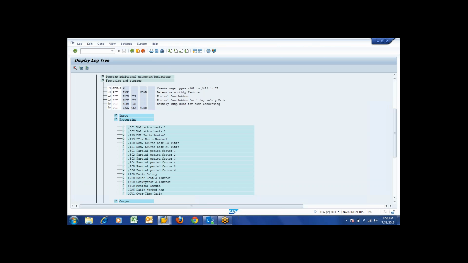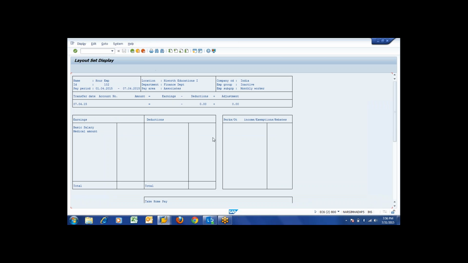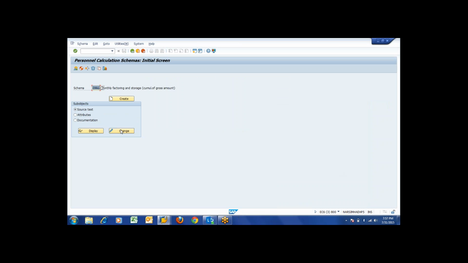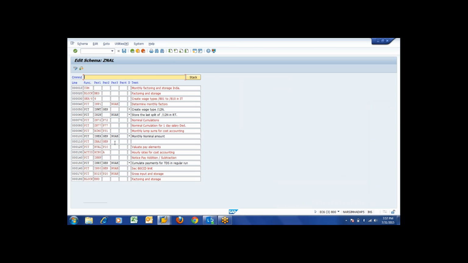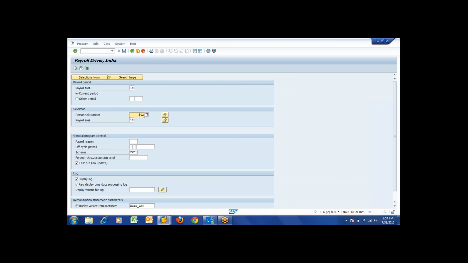So now it should work. So I think we have to remove ZEN also because we should not give parameters for this wage type.